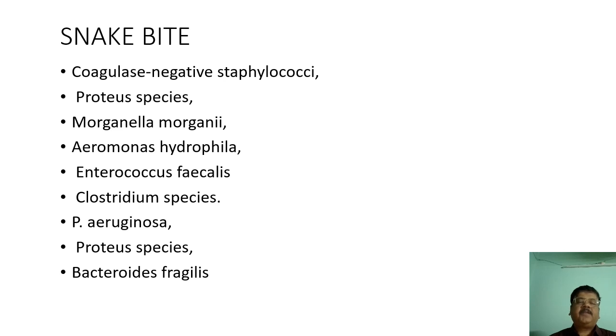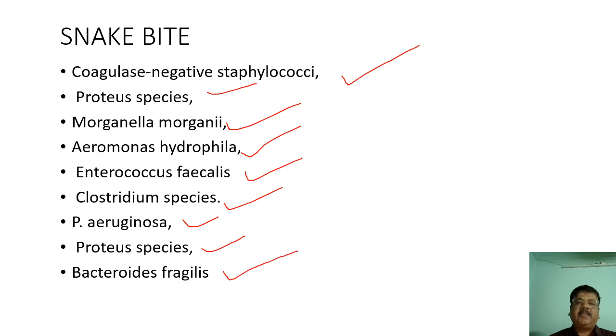Snake bite infections, wound infections: coagulase negative staphylococci, Proteus species, Morganella morganii, Aeromonas hydrophila, Enterococcus faecalis, Clostridium species, Pseudomonas aeruginosa, Proteus species, and Bacteroides.